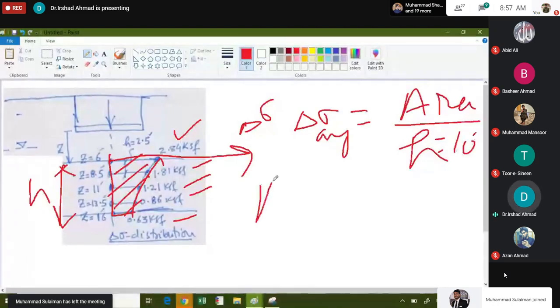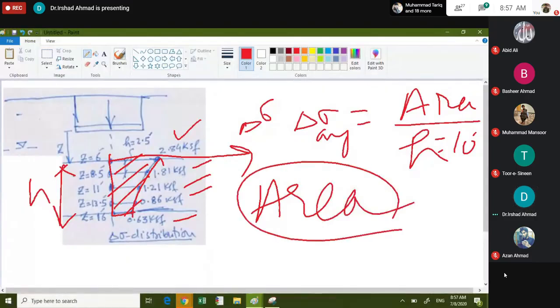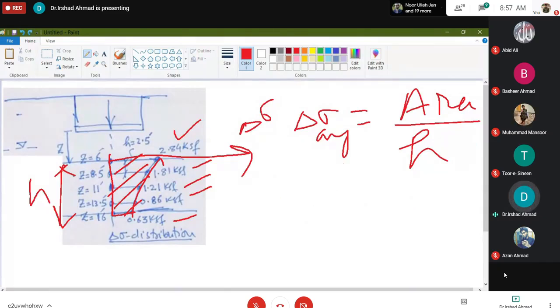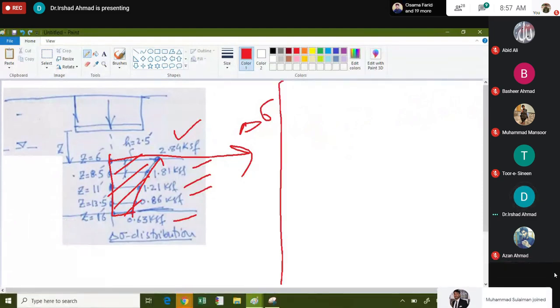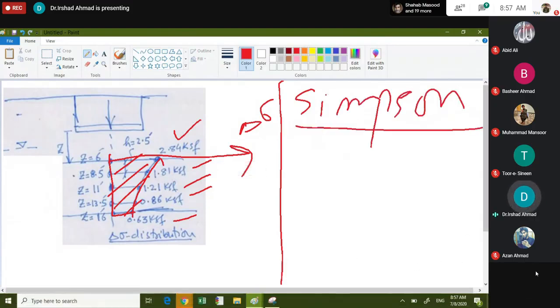So how to find the shaded area? Now let's find the shaded area, right? The shaded area can be found using Simpson's rule. Using Simpson's rule, you know, it is a numerical integration method.